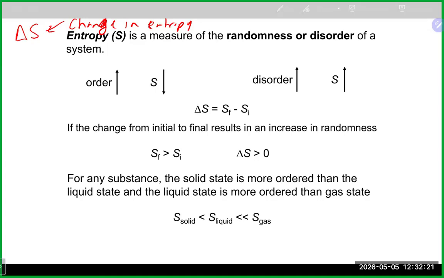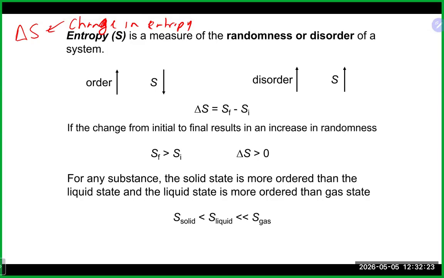Now, an unusual characteristic of this is that we often associate negative with exothermic things happening. But with entropy, when we see an increase in disorder, the entropy value actually gets more positive. So the more disorder you have, the more positive the change in entropy becomes.